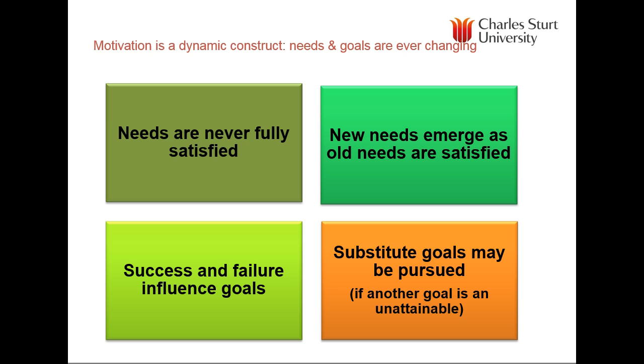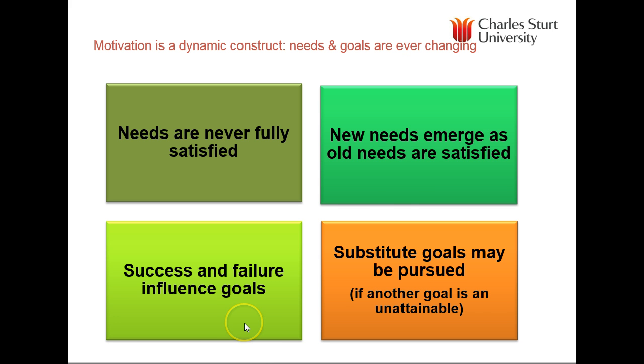Now, our needs and goals never really stay still, they're dynamic. Your total needs, that of food, shelter, are never totally satisfied because you can have a better house or a different type of house. As you satisfy one set of needs, so you might satisfy your financial needs, then new needs might emerge. So, for example, it might be the need to go on a holiday or a need to relax.